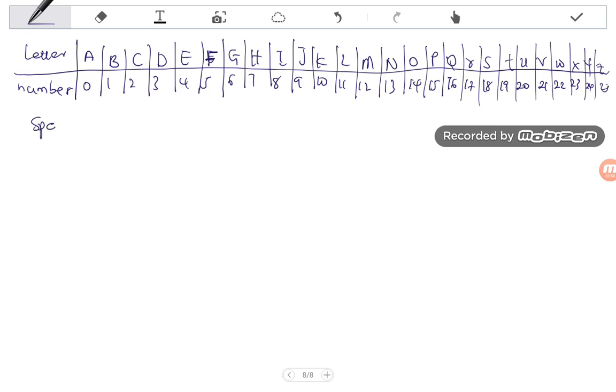Now I'm going to use the space bar as 26. So everything is going to be modulus 27 because I've added another character to it.